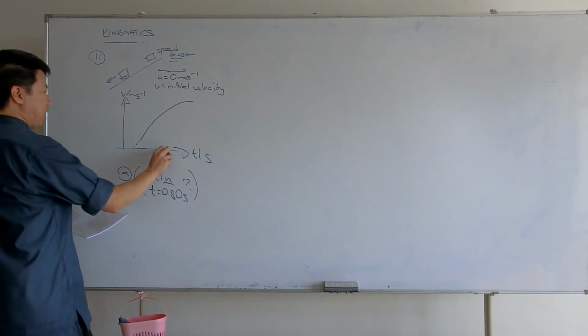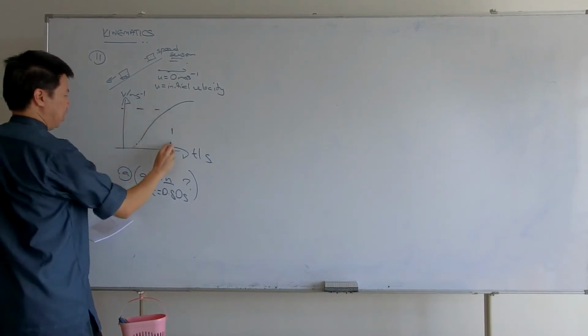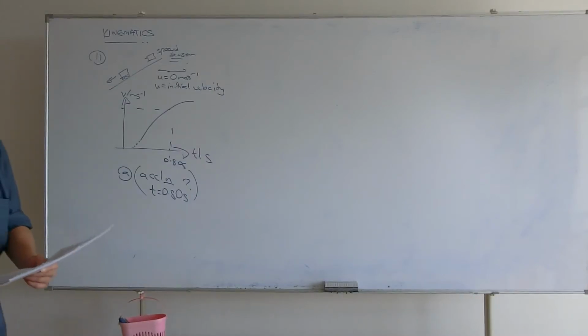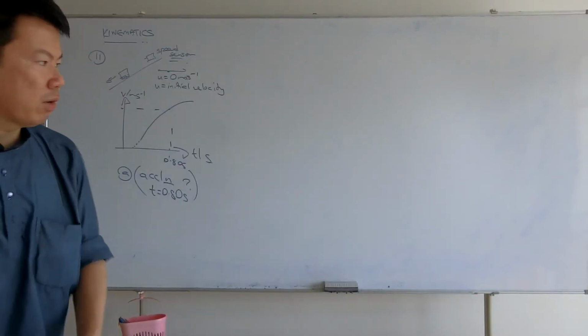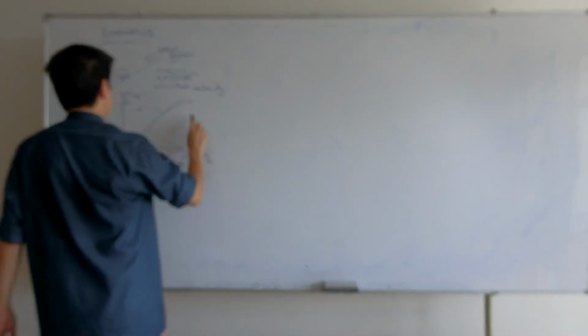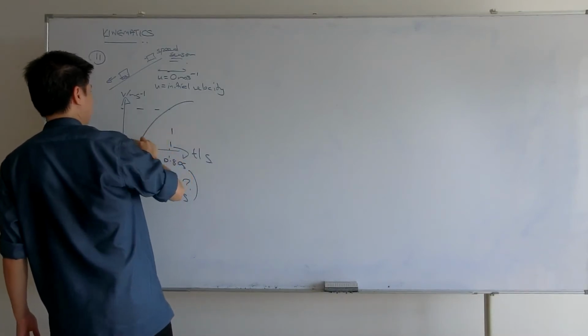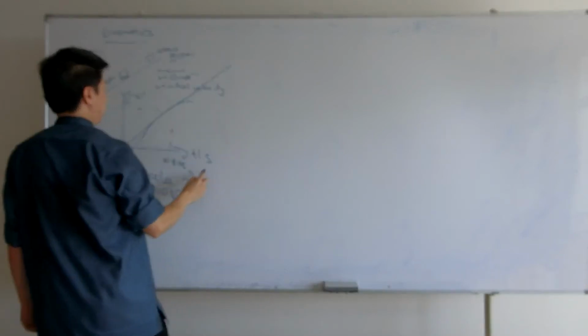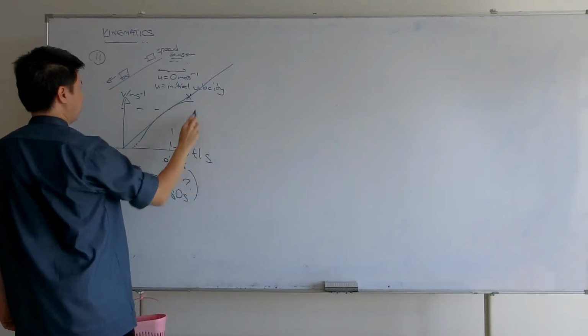If you actually check, at 0.80 seconds, it's actually on the curved slope. So how do you find the acceleration on a curved slope? Quite easy. You will have to draw a tangent. Okay, so you draw as big a tangent as you can, and then you take 2 points on the tangent.